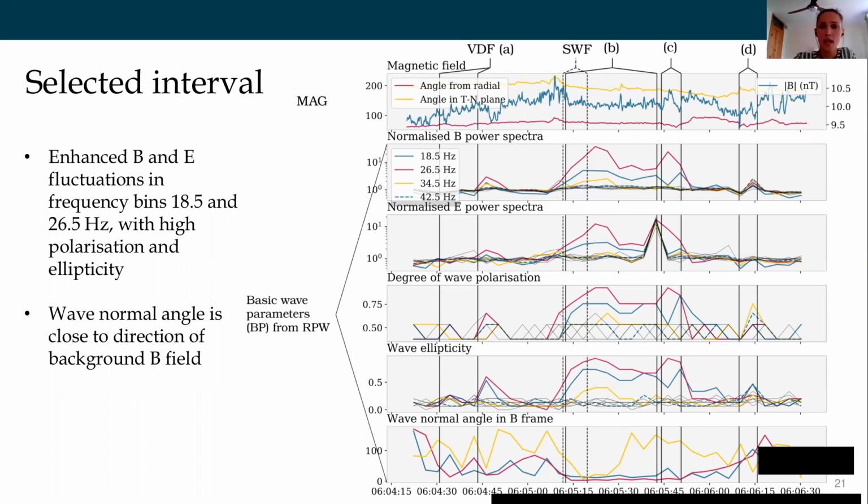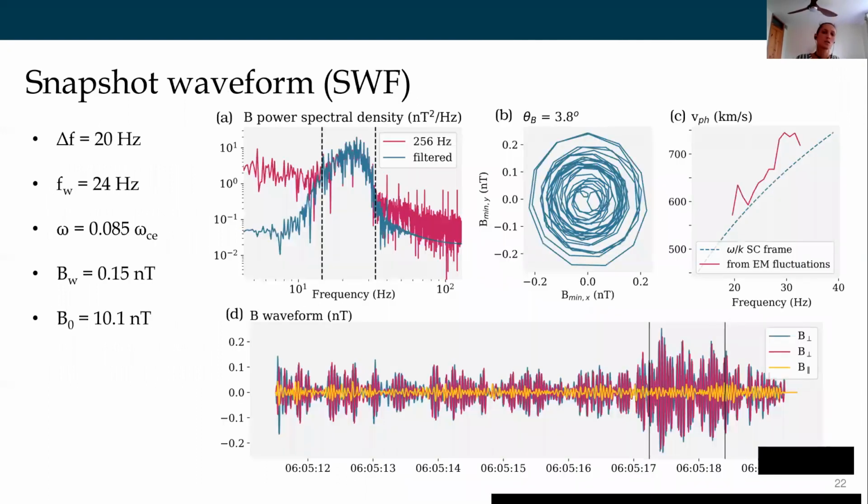We can investigate these waves even more in detail during this period, which is marked with SWF. For this period, we have waveform available. So we analyzed also the waveform of the magnetic field and electric field for this period. So we see this typical bump in the magnetic field spectra.